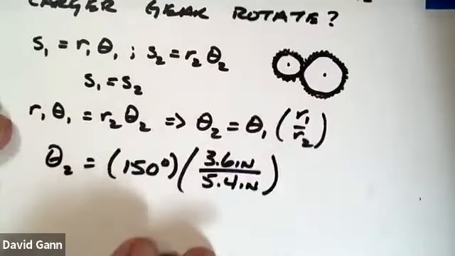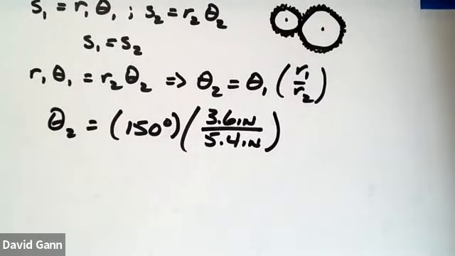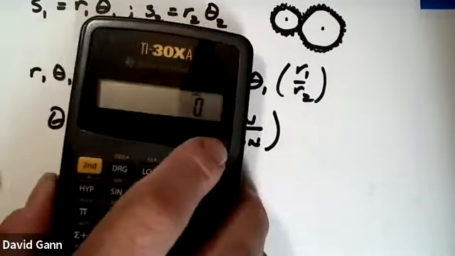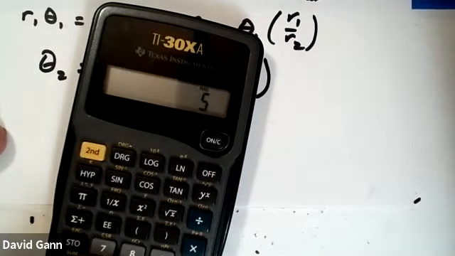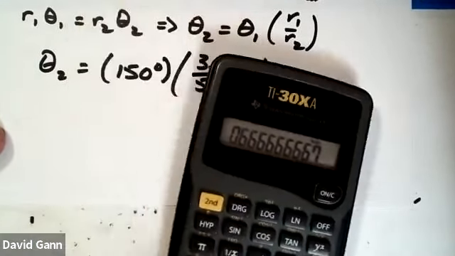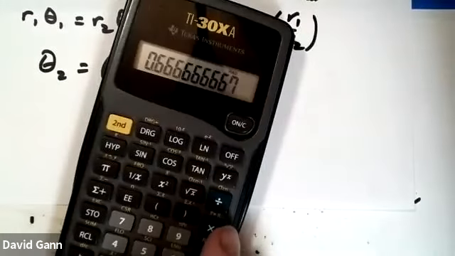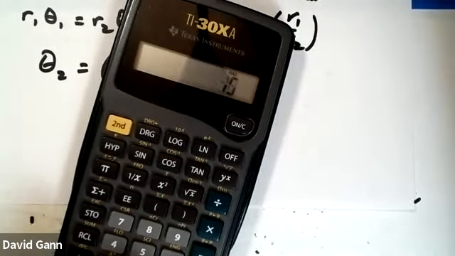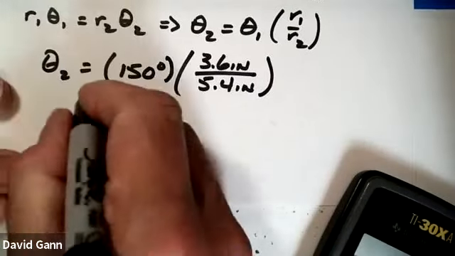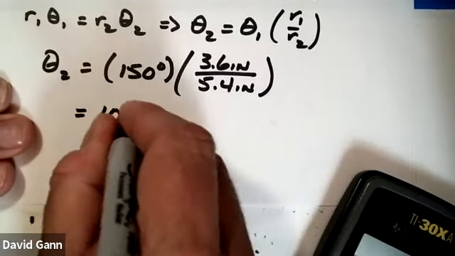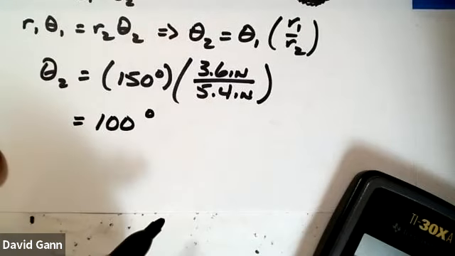And notice everything on the right-hand side has 2 significant digits, so that's all we're going to get out of the problem. So let's start with 3.6 divided by 5.4. That's our ratio, 2/3. And then times 150 degrees gives us 100 degrees. So remember, this has 2 significant digits.